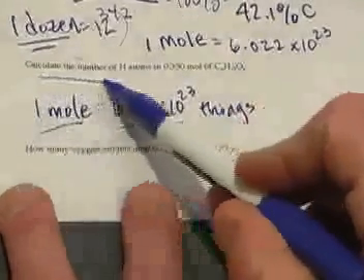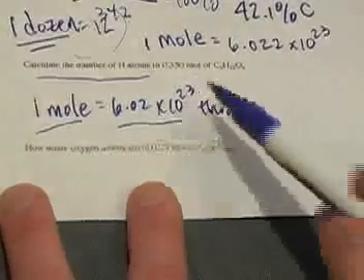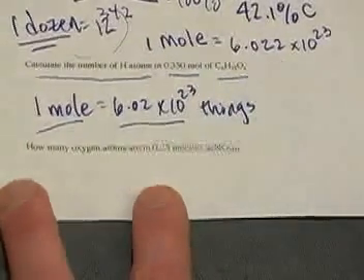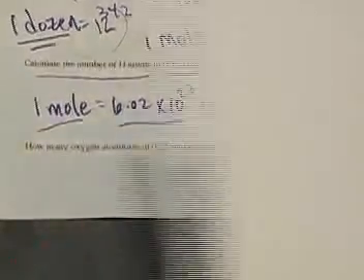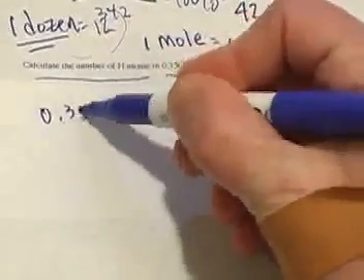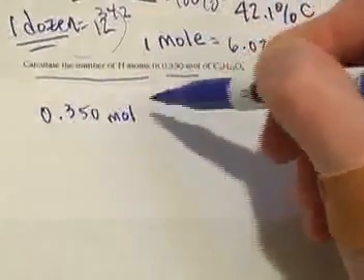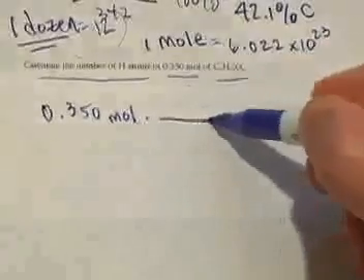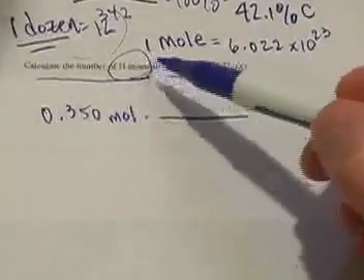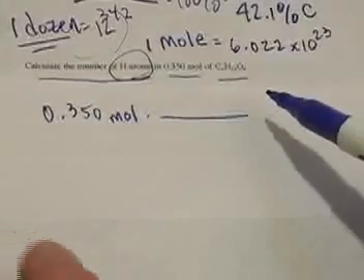So the first question is to calculate the number of hydrogen atoms in 0.35 moles of C6H12O6. And to do this problem, I'm going to first write down the number that they give me, 0.350 moles, and I'll put a multiply sign and a line. And I want to know how many hydrogen atoms there are in this formula.